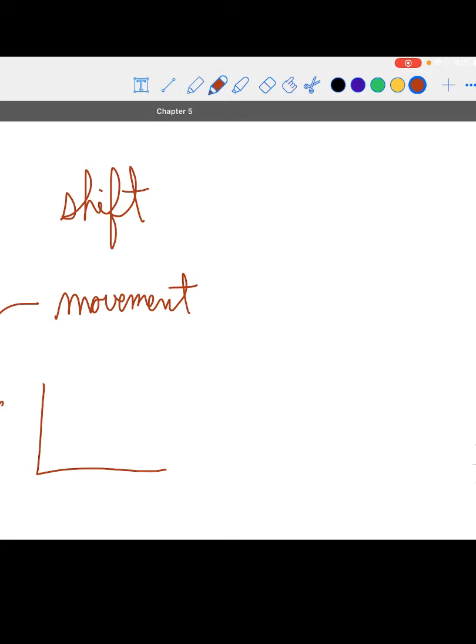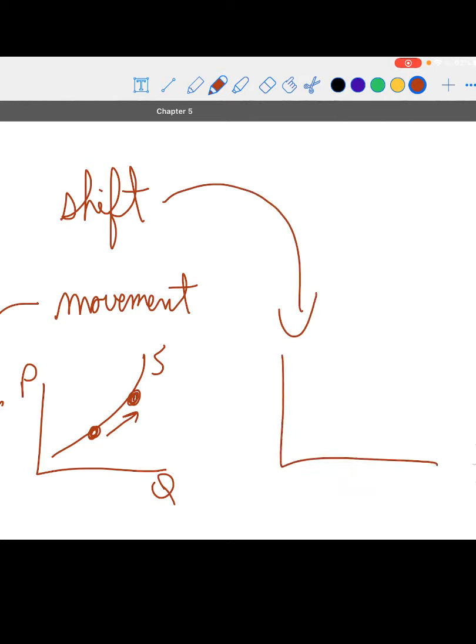Just remember, when we say movement, we're talking about movement along the curve, as opposed to shift. I just add that little S prime just to denote it's the second one. You could also just call it S1, S2, whatever you want.